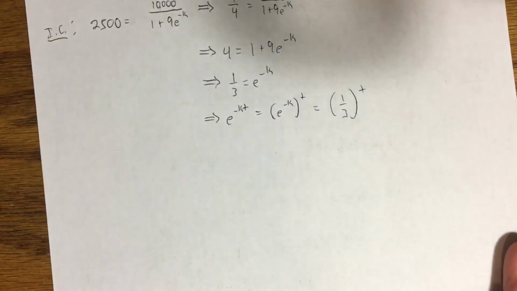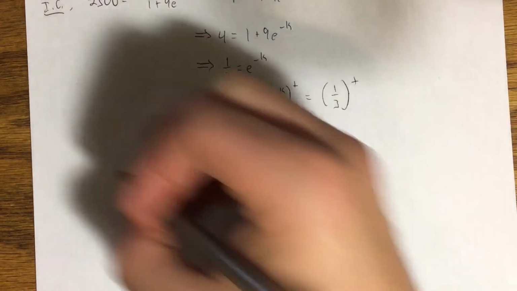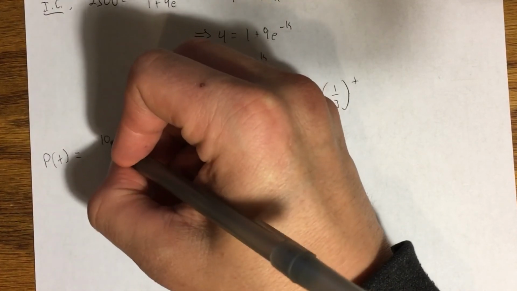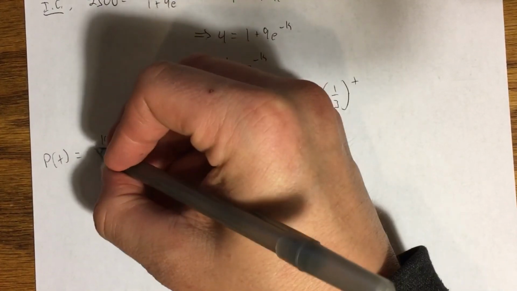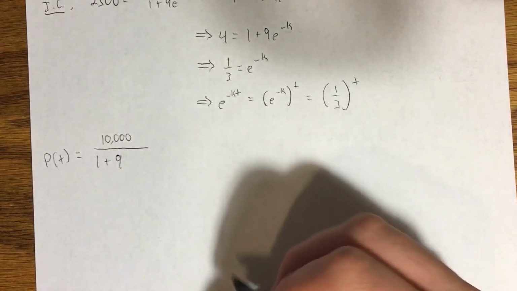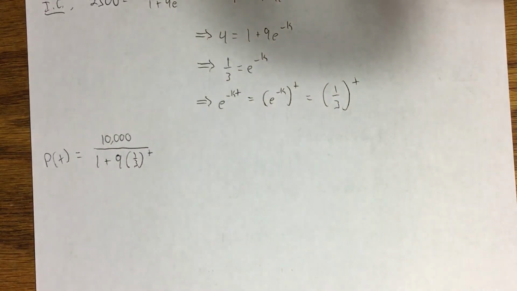Now I can rewrite my solution in a more usable form. So I have P of t equals 10,000 over 1 plus 9 times 1/3 to the power of t. Okay? So what do we need?